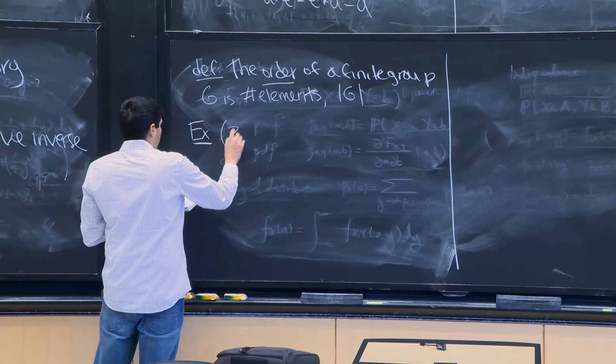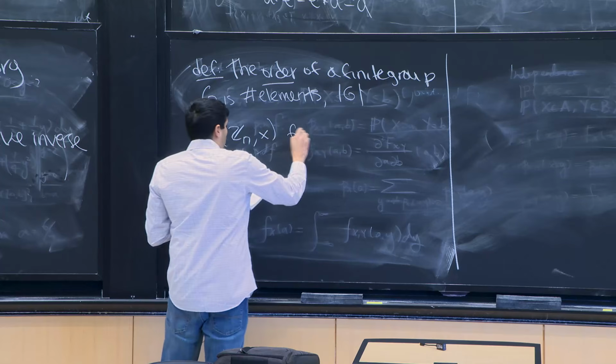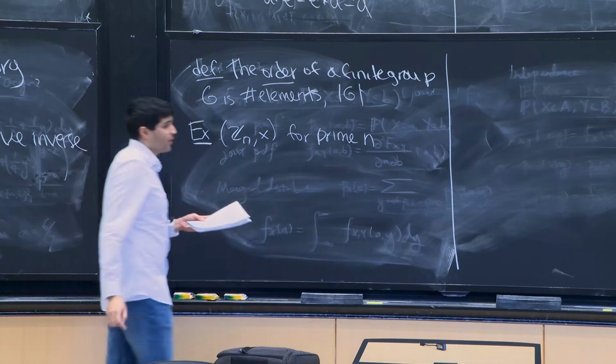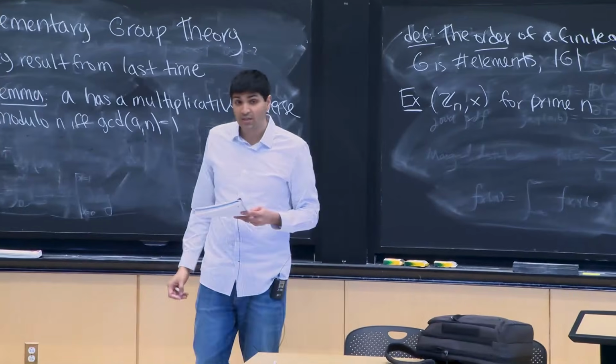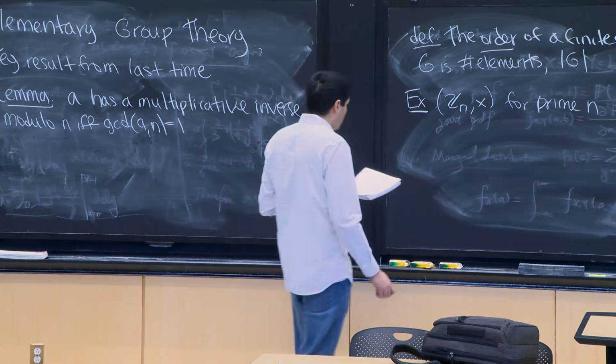So we can look at Zn with multiplication for prime n. We already proved in our corollary that when n is prime, this is a group. So what's the order of this group?